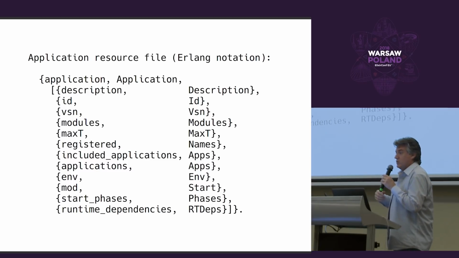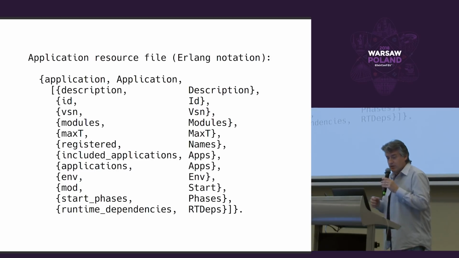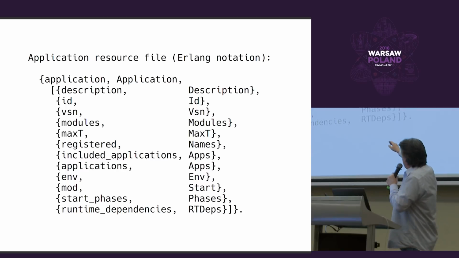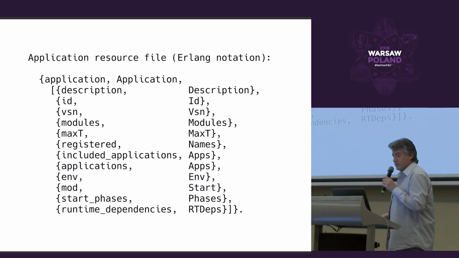In case you do not know Erlang, that's an atom. In Elixir, atoms start with colon, or at least that's the conventional syntax. In Erlang, they do not have a colon. If the word starts with lowercase, that's an atom. So application, description, id, etc. Those are atoms.